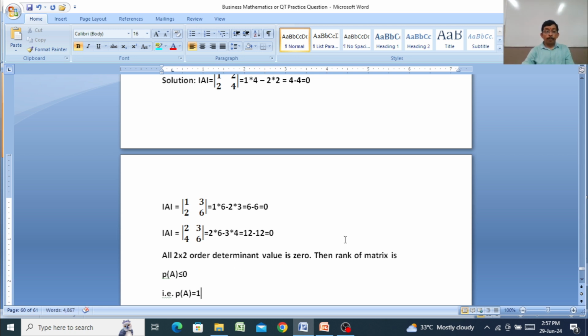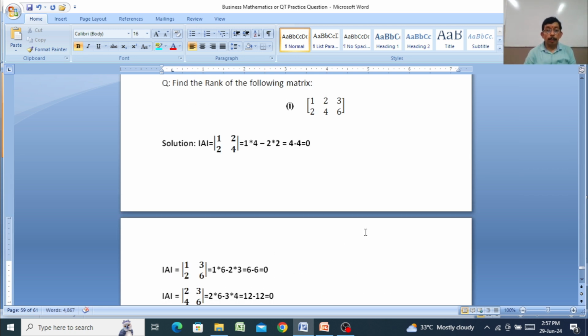It is clear? So first we find the determinant value of 2 by 2 order, all the determinants.